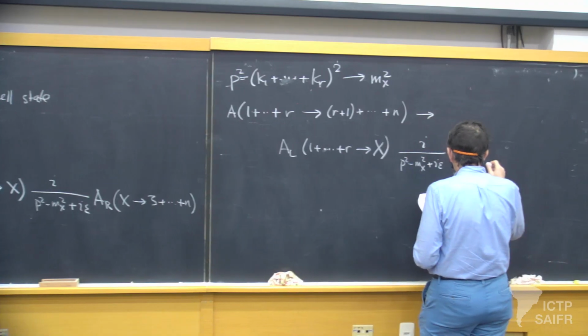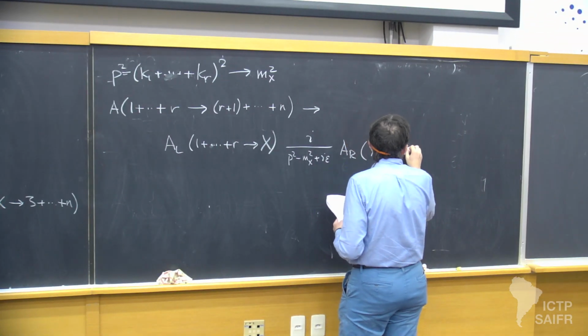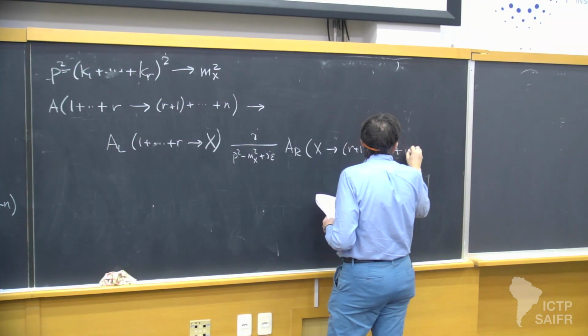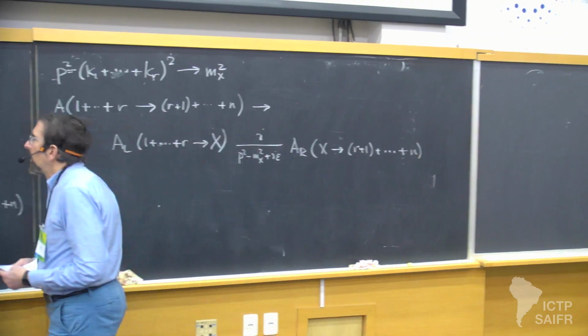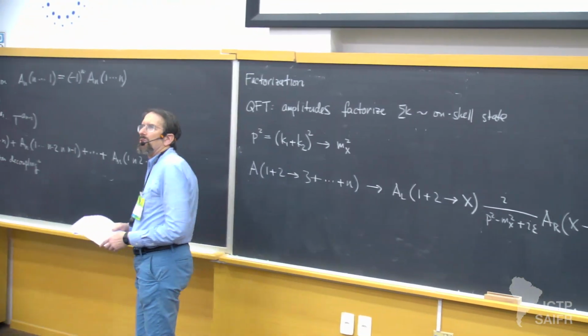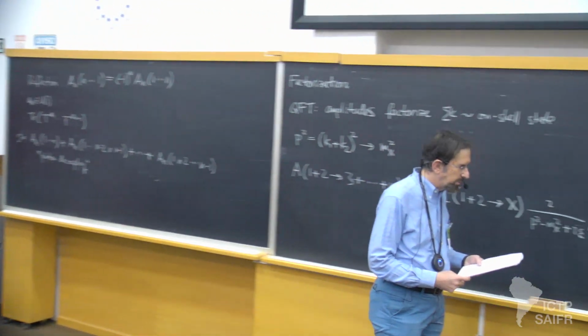And then finally, this intermediate state will decay into our final state. So this is kind of the general picture of factorization that you will have learned in your QFT course.